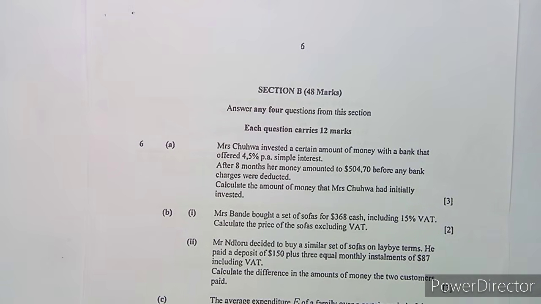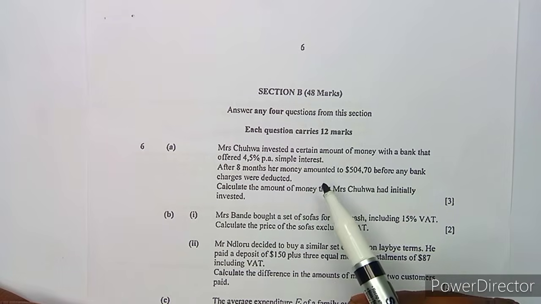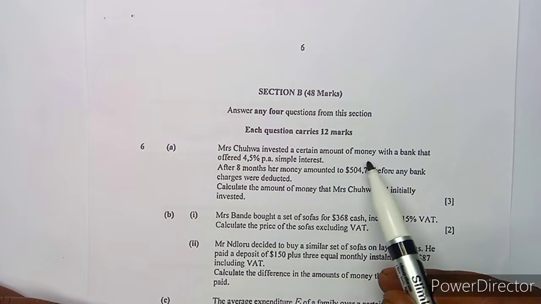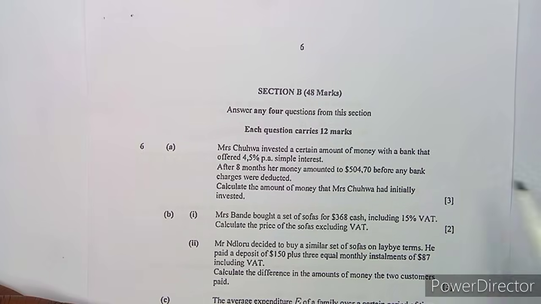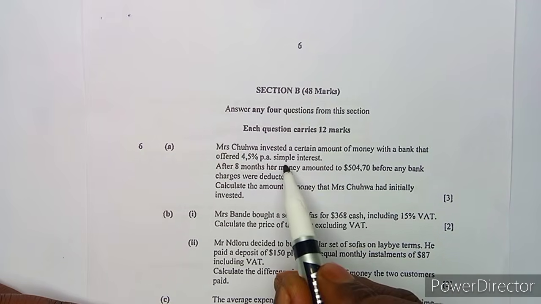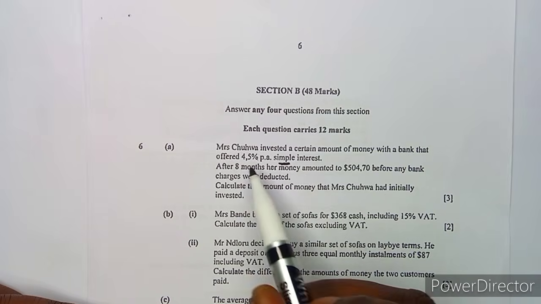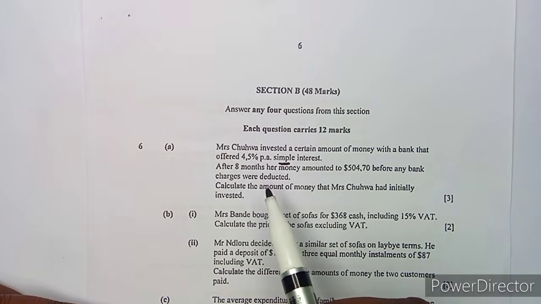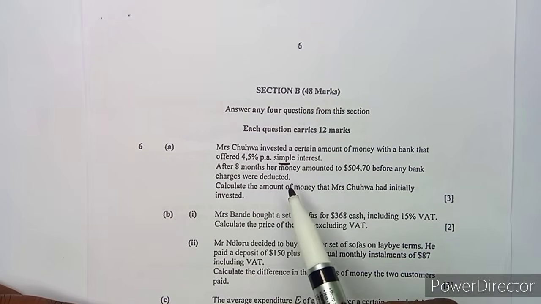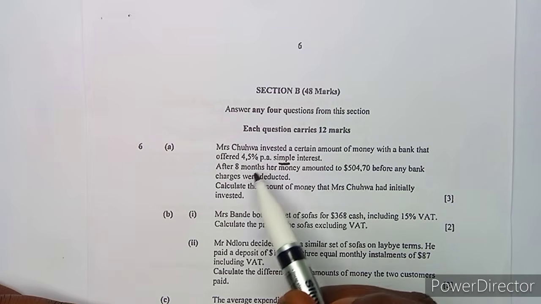We are given that Mrs. Chua invested a certain amount of money with a bank that offers 4.5% per annum simple interest. Okay, so this is simple interest that you're working with. You're given the interest rate, per annum, that is per year.